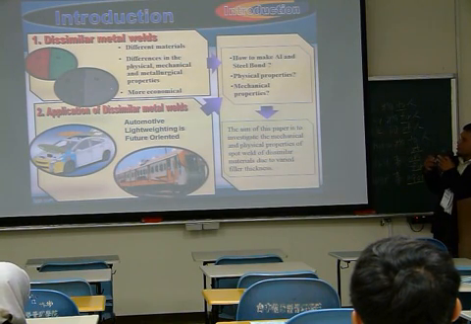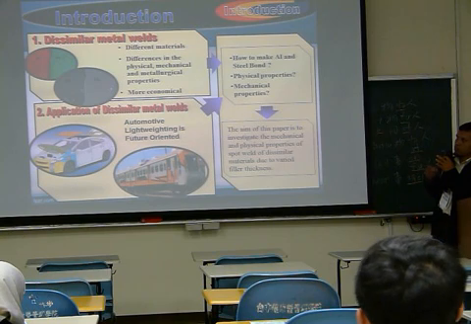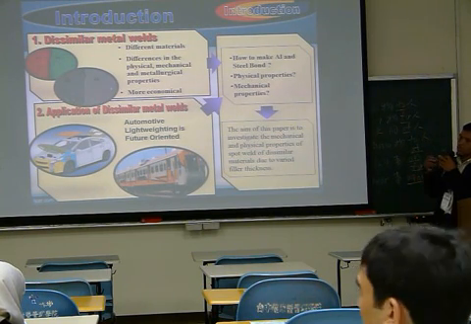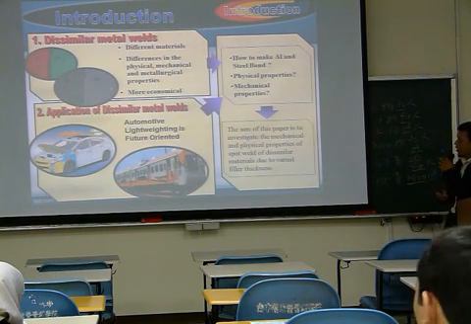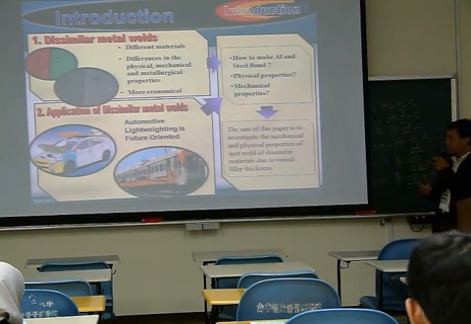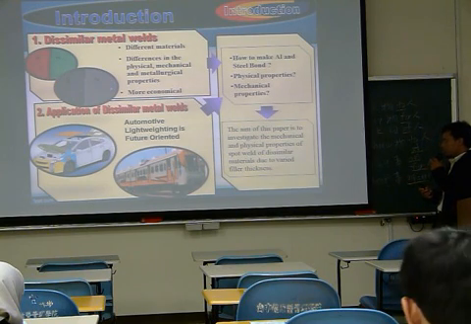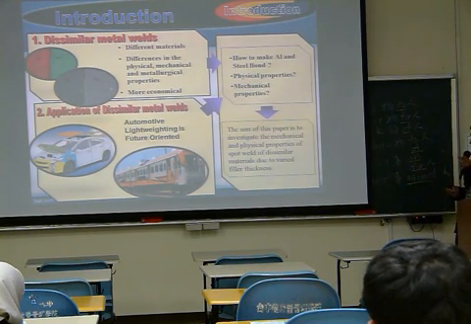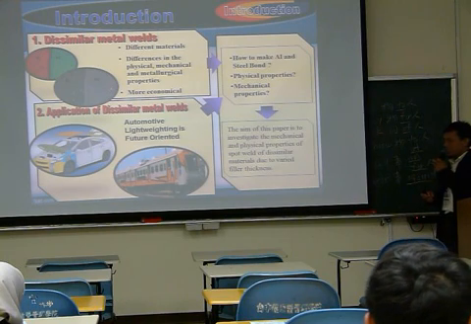How about the physical properties of the bonding, and how about the mechanical properties of the bonding? So the aim of this paper is to investigate the mechanical and physical properties of spot weld of dissimilar metal due to filler thickness.